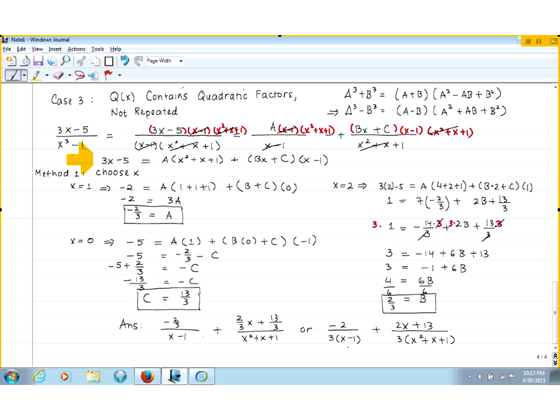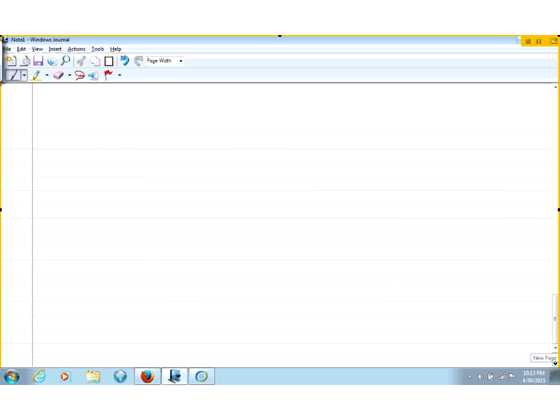I'm looking at it. Case 4. Okay, so I think we will do 2 examples of case 4. So next page. Yeah. So case 4.